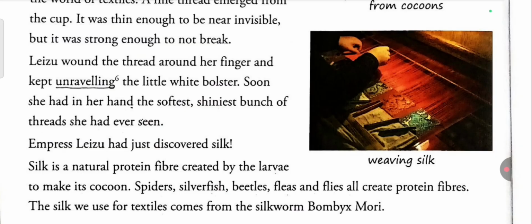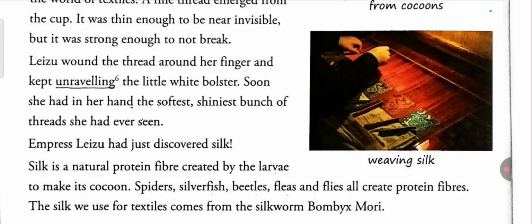She collected the thread around her finger and tried to untangle the thread if there was any tangle in it. So she had in her hand the softest, tiniest bunch of threads she had ever seen.